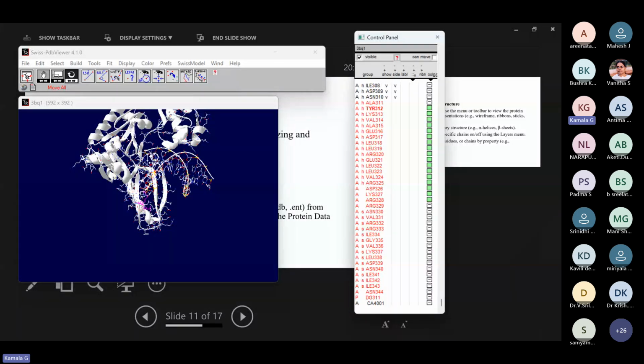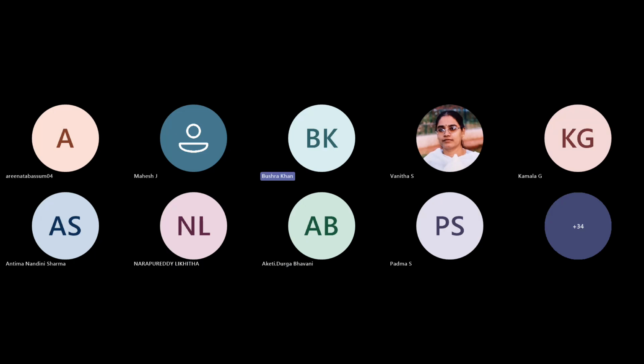That means if you do not require that much protein, that is, a lengthy protein structure, you can just remove the unknown amino acid sequence from a protein by using the SPD viewer. Is it clear? Yes, ma'am.